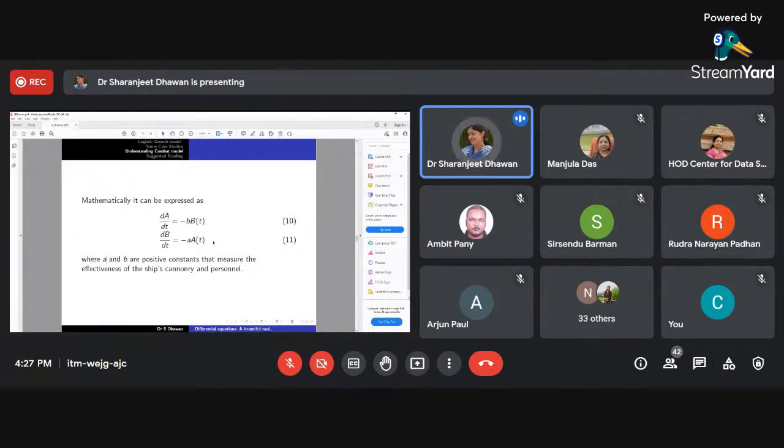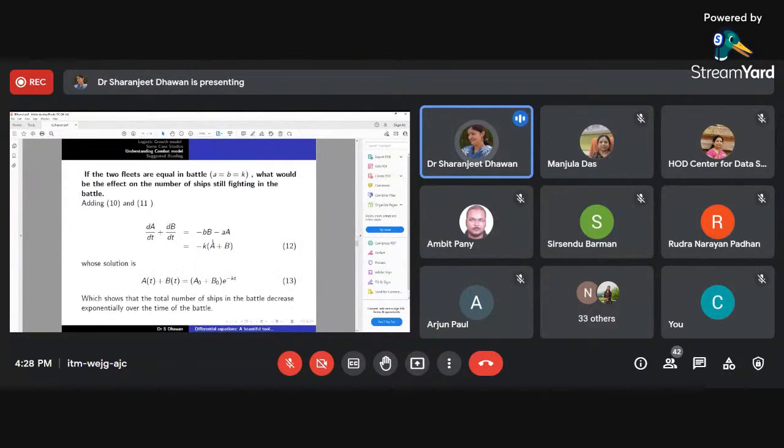Here it is assumed that effectiveness does not change throughout the battle, so that the rate at which a navy loses ships is proportional to the number of ships in the opposing fleet. So these two equations indicate that the rate at which one navy loses ships depends on only two things. The first is the number of ships in the opposing fleet, and the second is the effectiveness of the opposing fire.